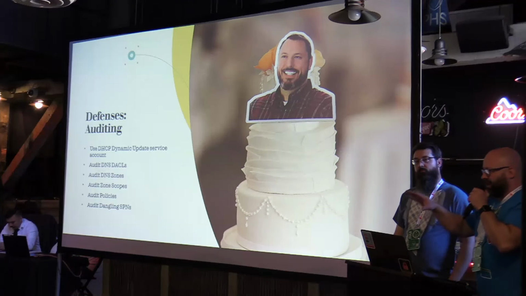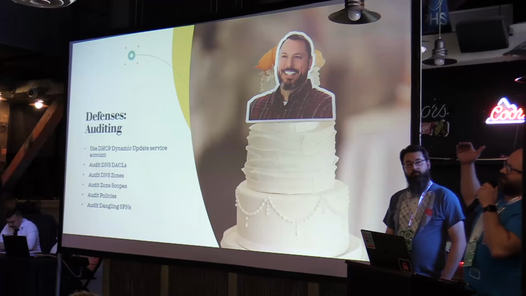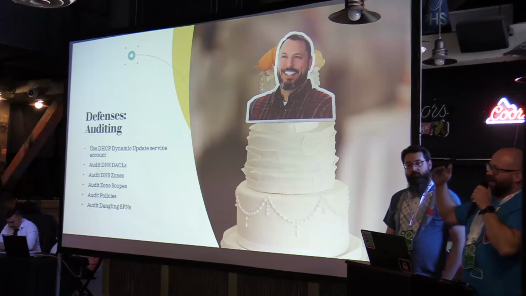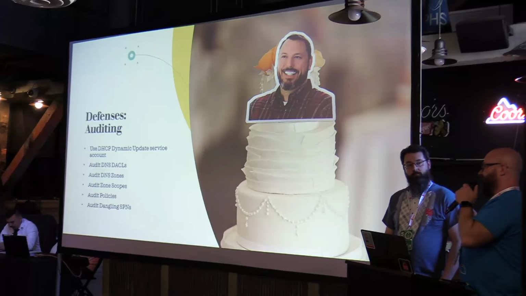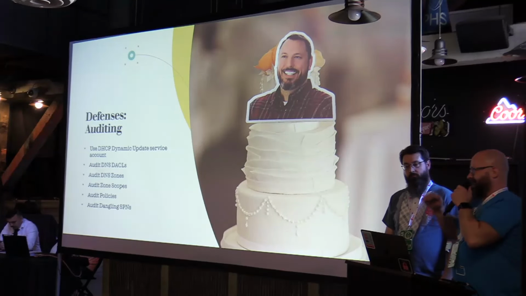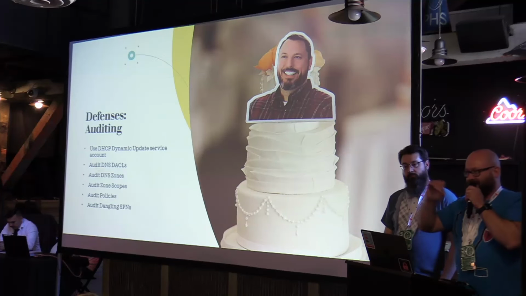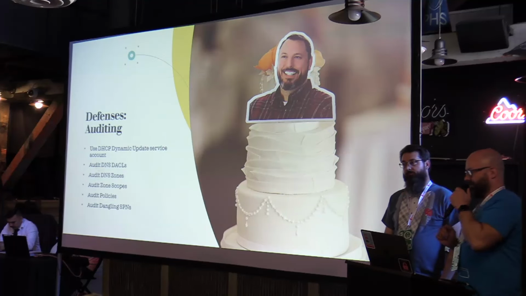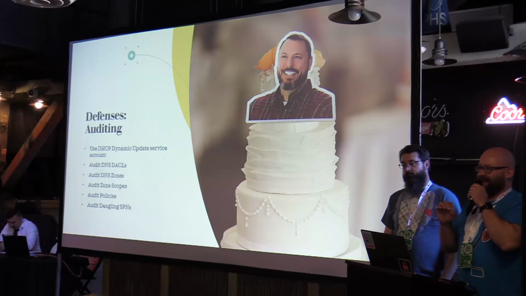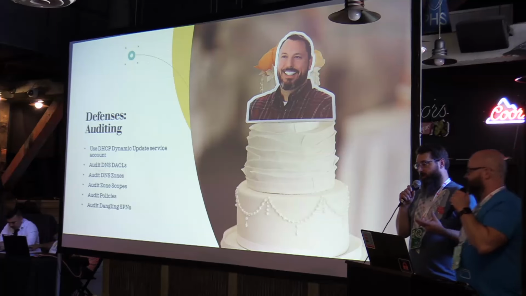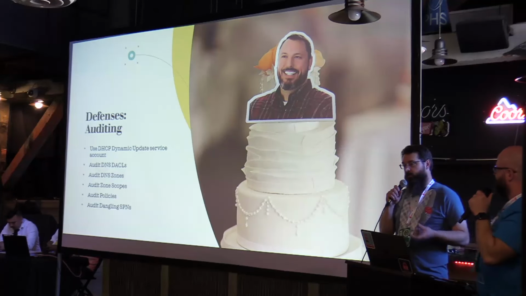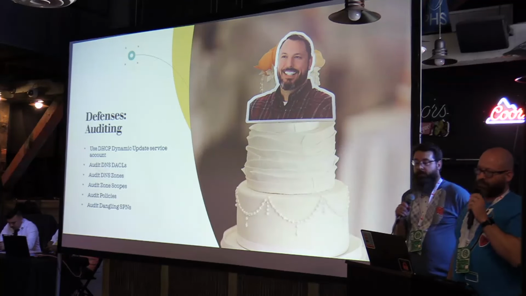So having that in place means it is a lot easier to audit the ACLs on everything. If you see a DNS node that was created by someone other than your dynamic update service account, you know that is probably an indicator of foul play.